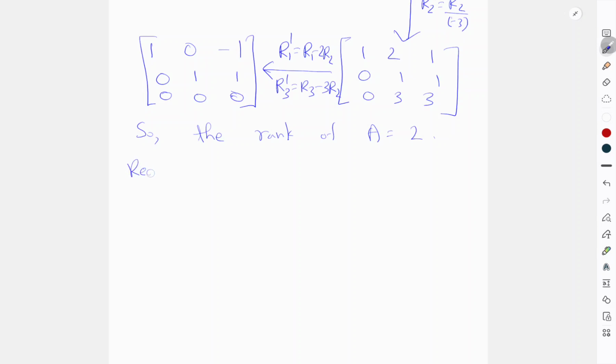You can just write a remark: the rank of a matrix is the number of pivot elements in echelon form.